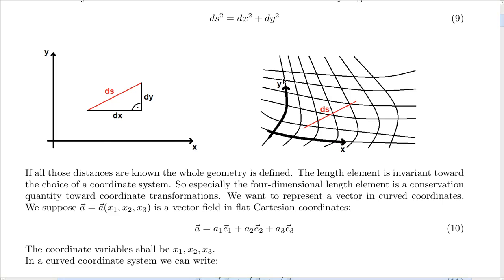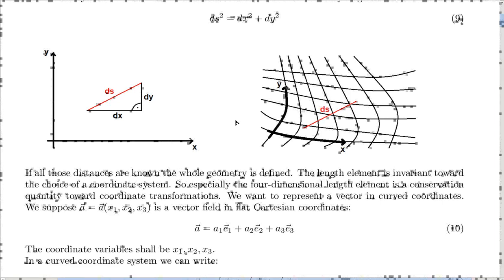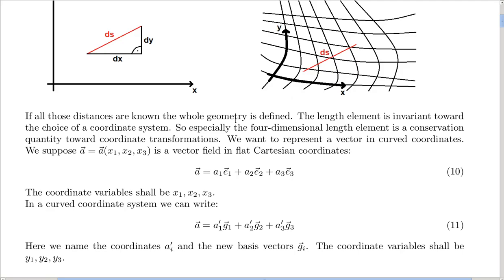In the second example here, we have a curved, two-dimensional coordinate system. ds is the same ds as here. It is in nature given, and we put an artificial coordinate system into the problem to make a mathematical description.